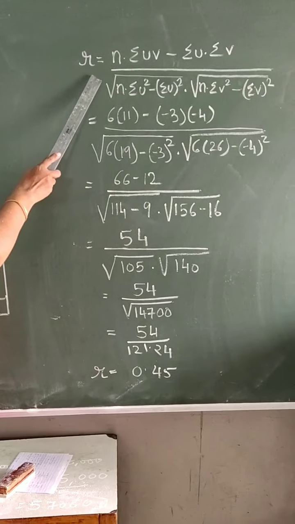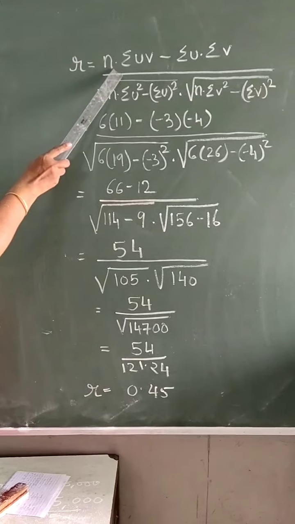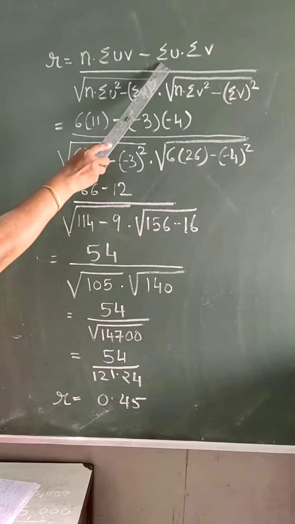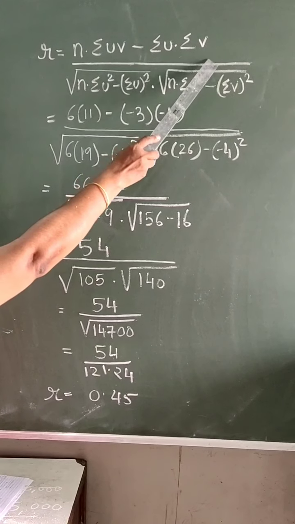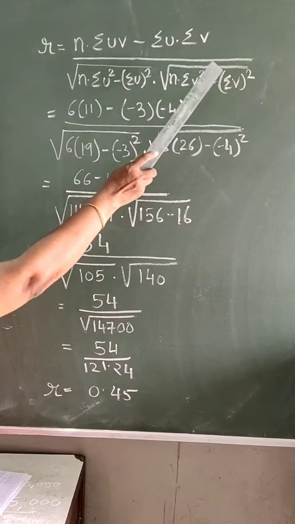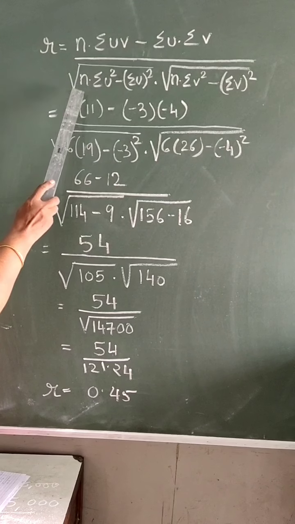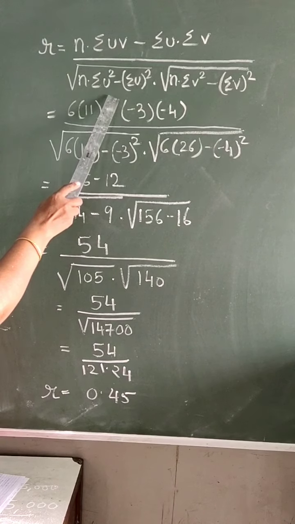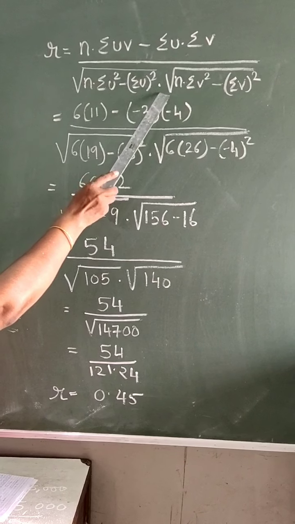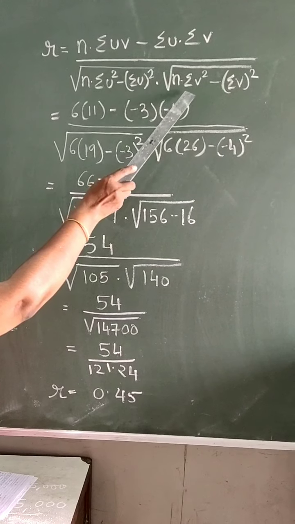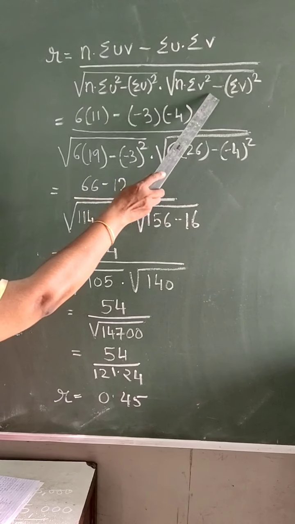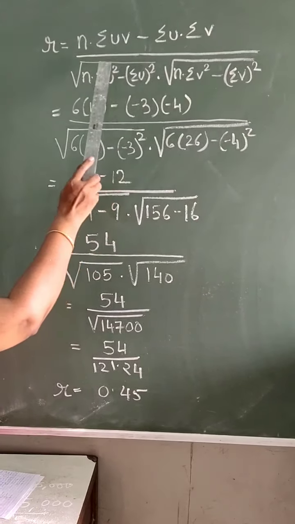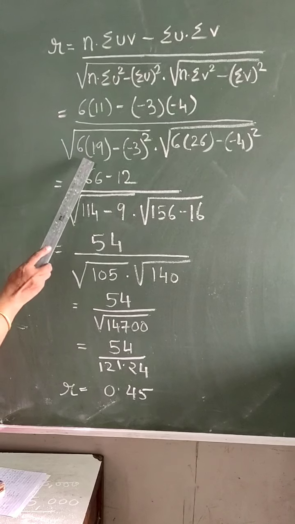R equals to N into sigma UV minus sigma U into sigma V divided by root N sigma U square minus sigma U whole square multiplied by root N sigma V square minus sigma V whole square. Let us substitute this value.